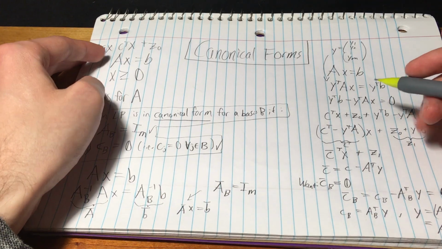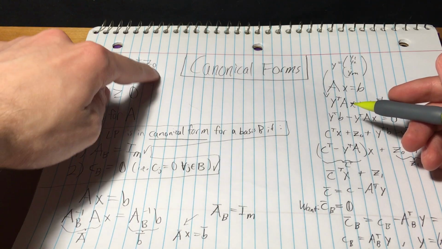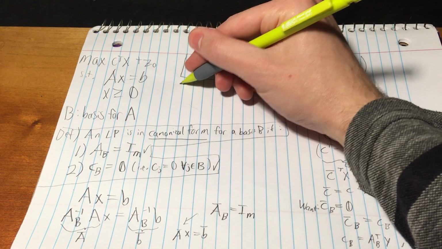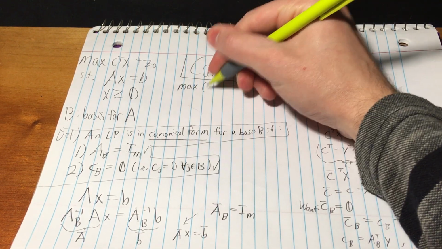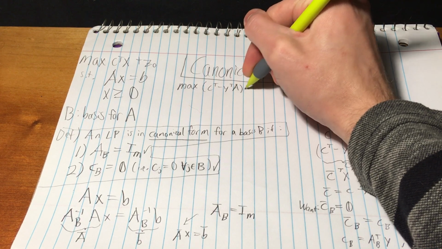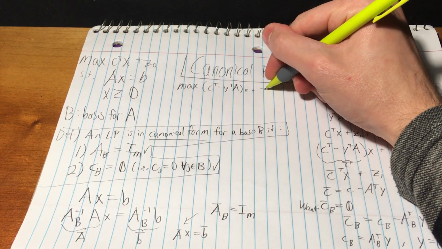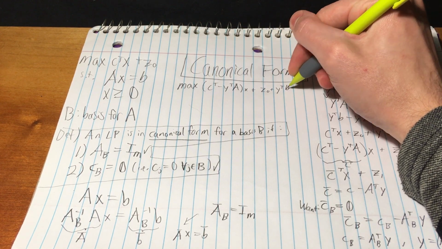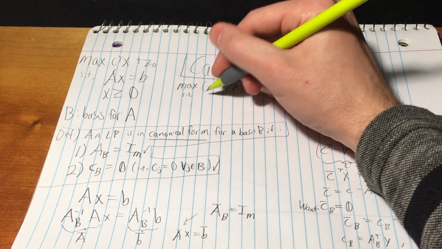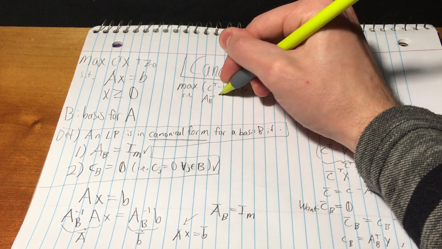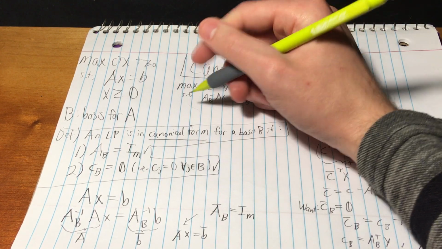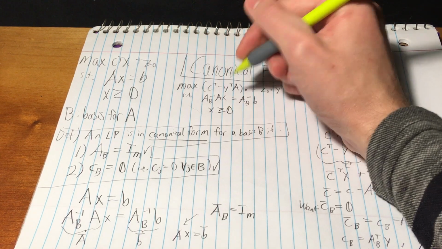So okay, if we start with this linear program here, then we can put it in canonical form by saying max C transpose minus Y transpose A times X plus Z naught plus Y transpose B. That's our objective function, and the constraints are AB inverse AX equals AB inverse B, and still non-negativity, x greater than or equal to 0.